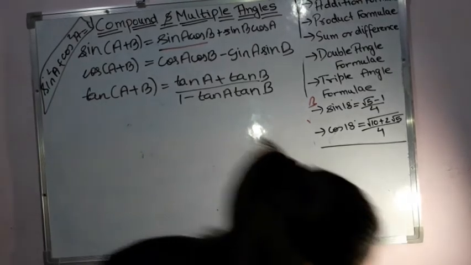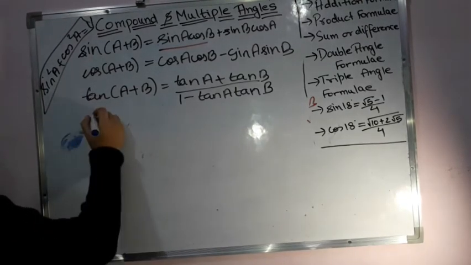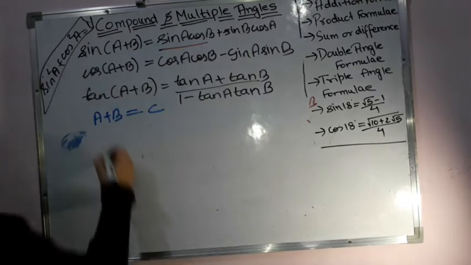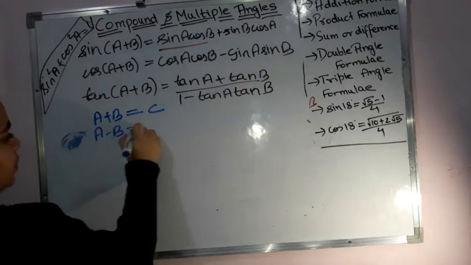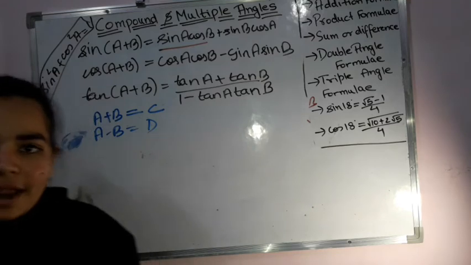Sum or difference into the products, if I have, let me just say, A plus B angle, let us assume that it is equal to C right now, and let us say that A minus B is equal to D. Now I am saying sum or difference into product I have to change.